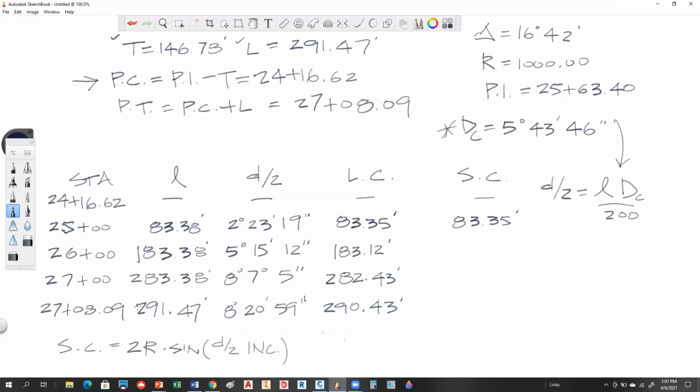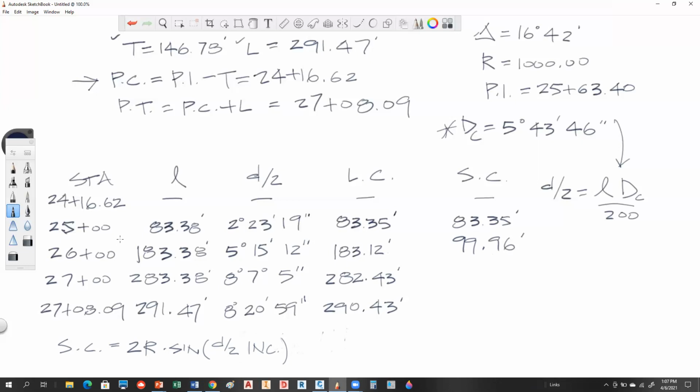So let's see what we get. We're taking the sine of 2 degrees, 51, 53, okay? Anybody get a number for me? 99.96. So does that make sense? It should be close to what?